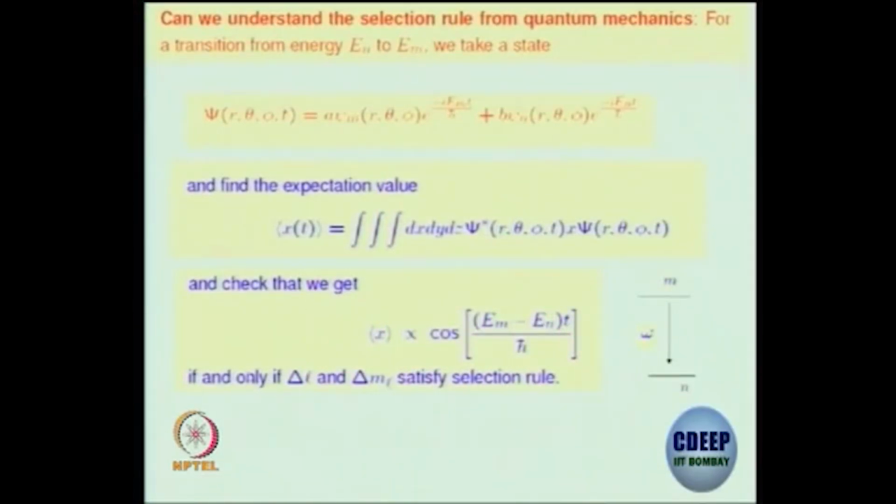It's just a straightforward exercise, and basically it will depend on a cos omega t, the energy difference between those two levels, and it will be non-zero in the case of the hydrogen atom problem if delta l is plus or minus 1 and if delta ml is 0 or plus or minus 1. This I want you to verify.